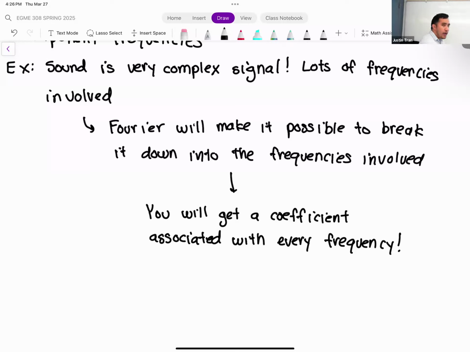And the magnitude or the value of that coefficient will tell you how strong that frequency comes across in that signal.